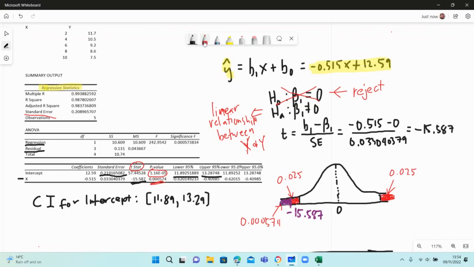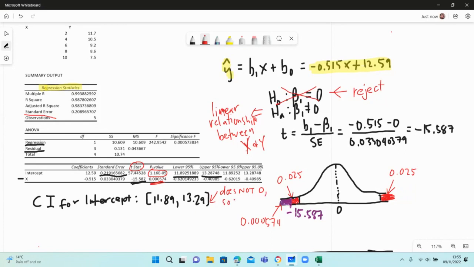And if you will notice, this interval does not contain 0, which is actually what the null hypothesis says when we were testing for the intercept. And so this is actually a confirmation that the value that we got for the constant in our regression model is significant.